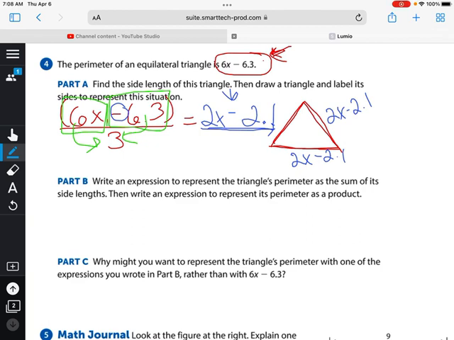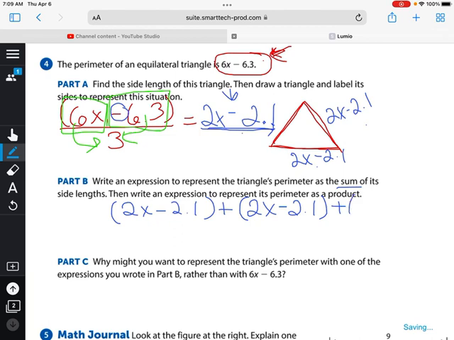Part B says, okay, well, now that we know the side lengths, write an expression to represent the triangle's perimeter as the sum of its side lengths. So if I took each one of those side lengths and added them together, what would that look like as an expression? Well, the first side is going to be 2x minus 2.1. We're going to add that to the second side length, which is also 2x minus 2.1.